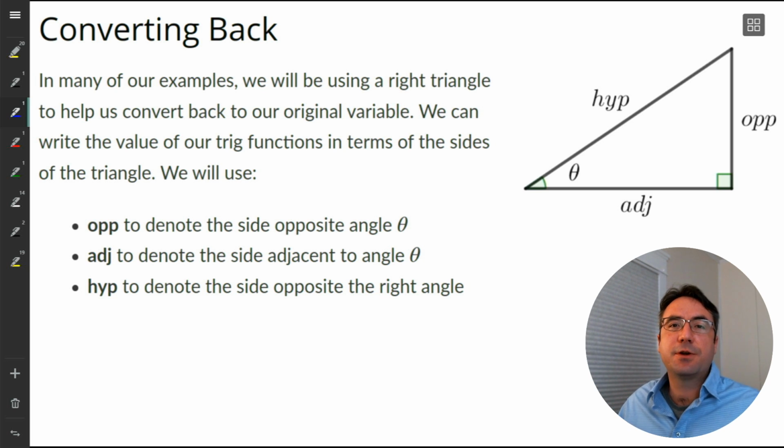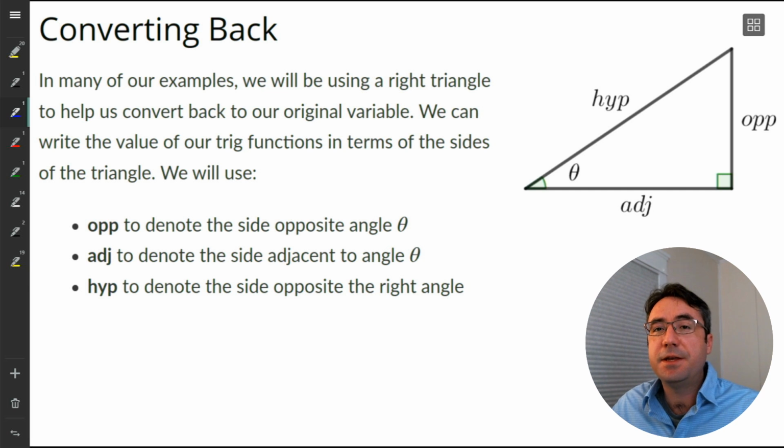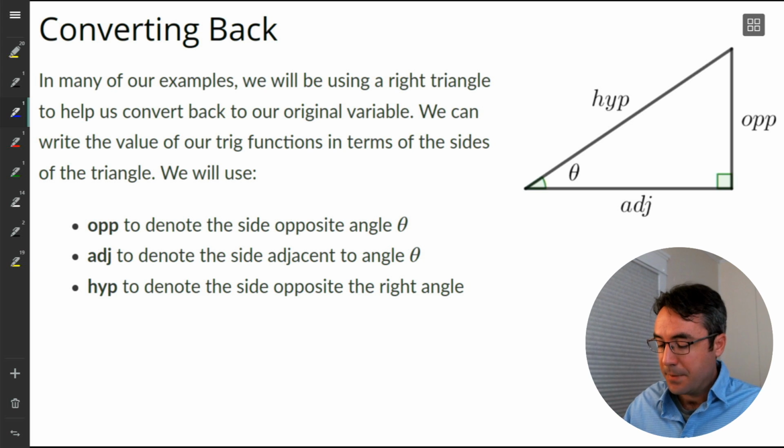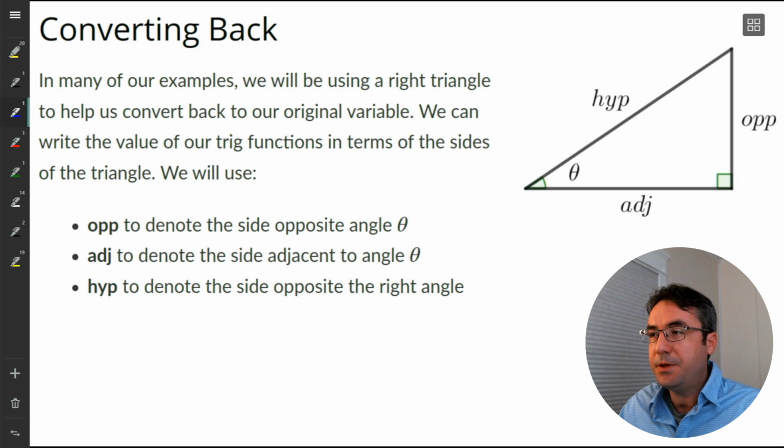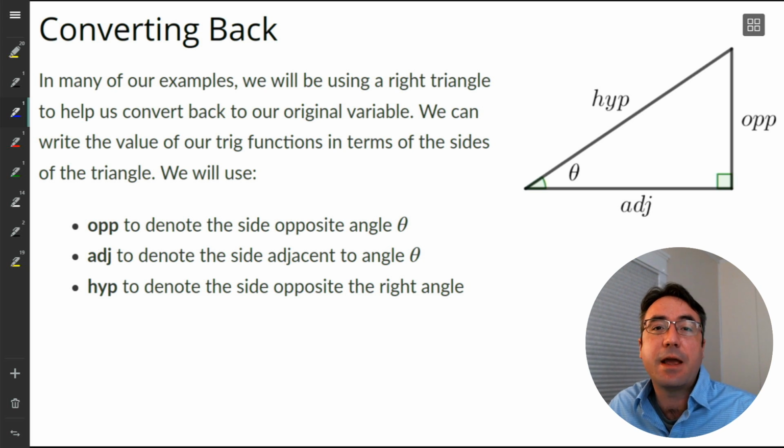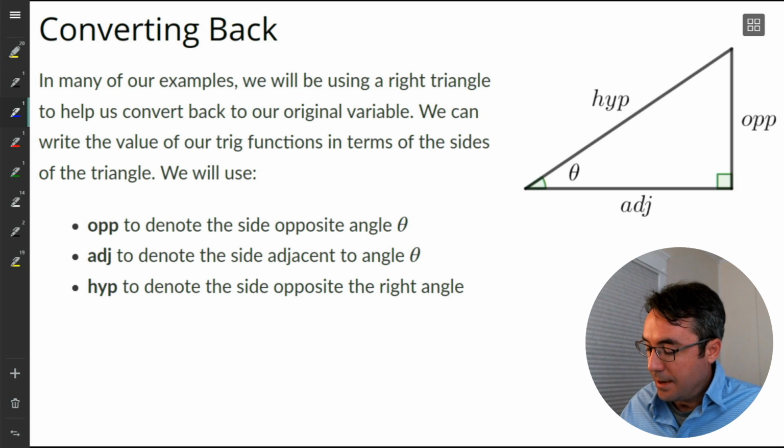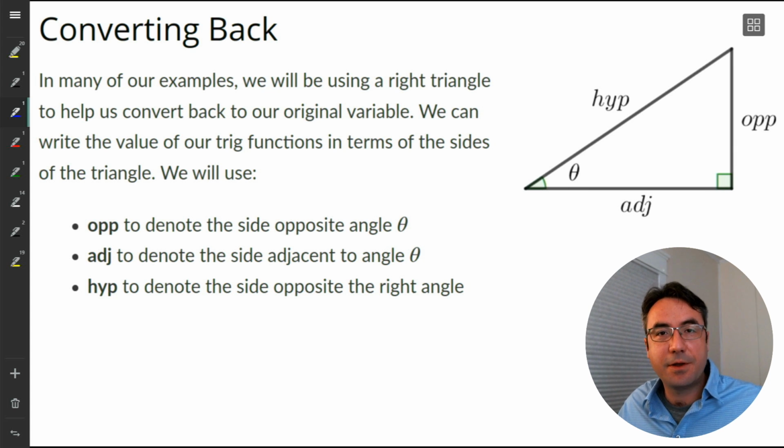The next major task in going through these problems is to convert our antiderivative back to the original variable. To do this, in a lot of cases, we're going to be using a right triangle. So here's a right triangle. You can see the right angle. Here's theta. So when we're converting our integrals into thetas, here's theta represented in this right triangle.